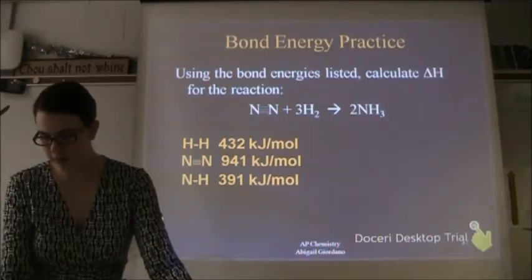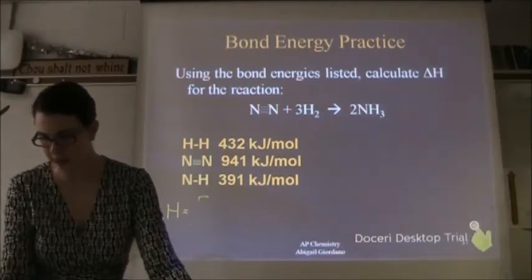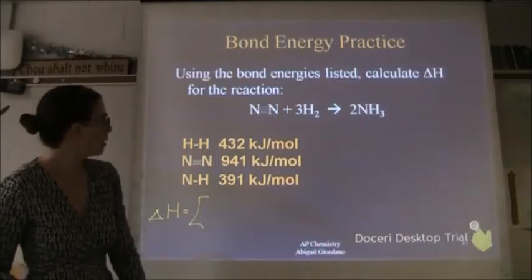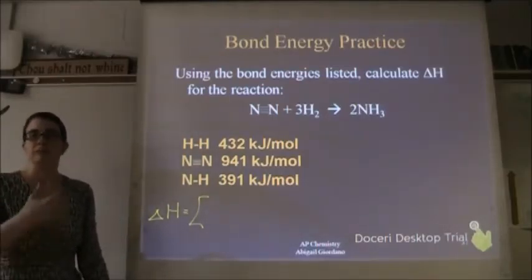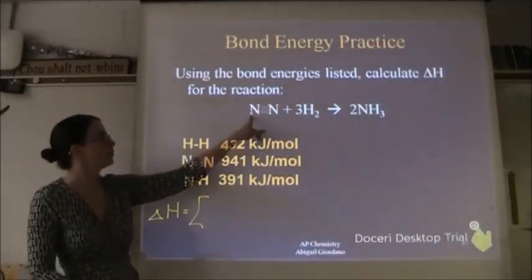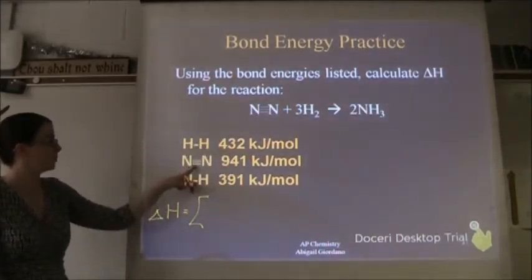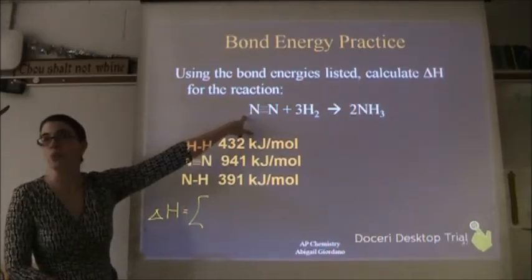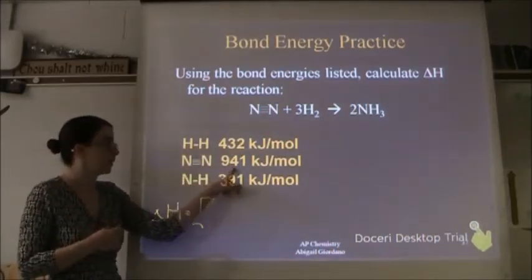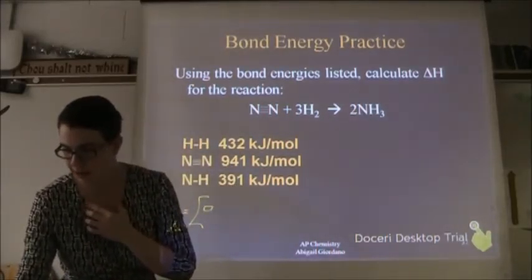So delta H equals, I'm going to put a big set of brackets here. Bonds broken, reactant side. All right, here we go. First thing I'm going to break is an N triple bond N. It's got a coefficient of 1. I'm just breaking one of them, and that's its bond energy, 941.